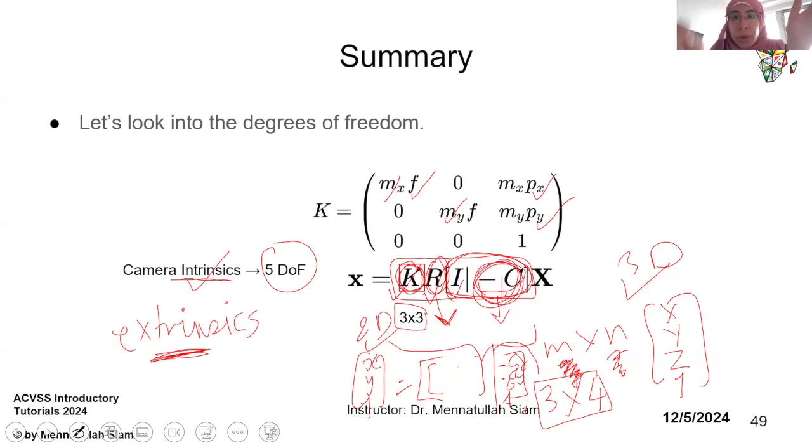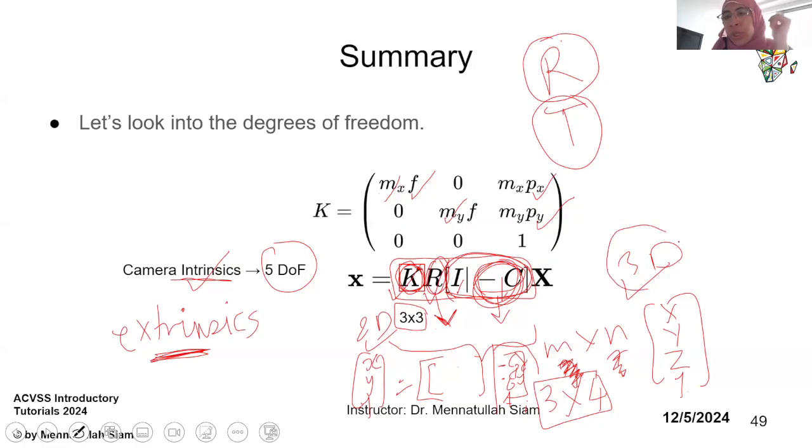So for the external parameters, we talked that we have the rotation and the translation, and we're doing the inverse of them. So how many degrees of freedom for the rotation? How many for the translation? And we're doing it in 3D. Everything is in 3D because we're still working in 3D space before this part.